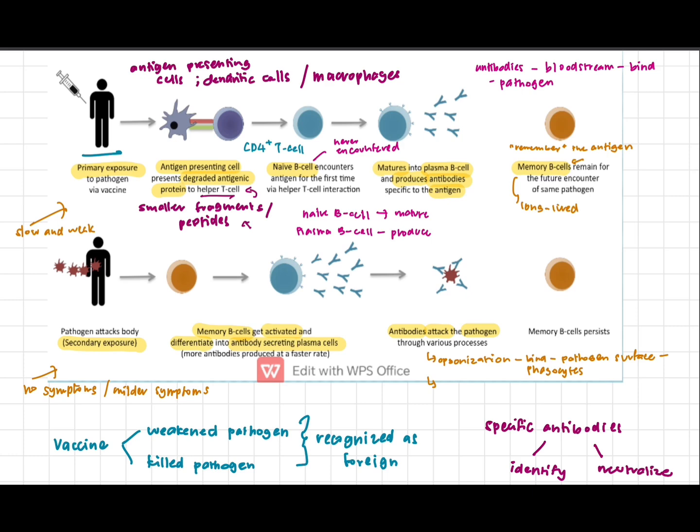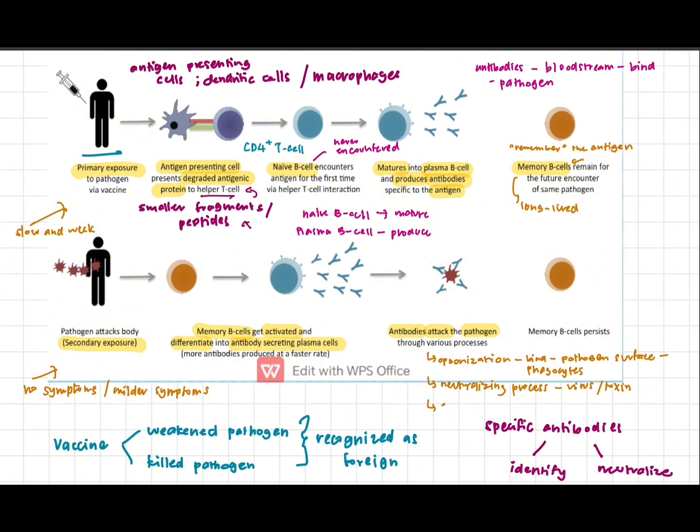Then there is also the neutralizing process. Neutralizing antibodies will bind to a virus or toxin and prevent it from entering or affecting body cells.